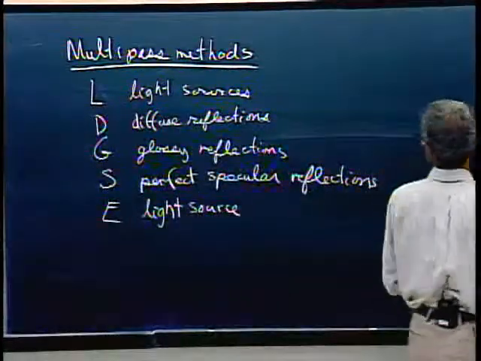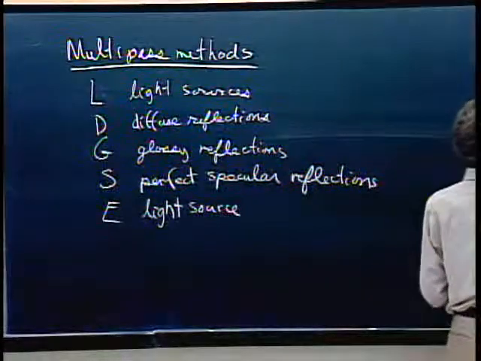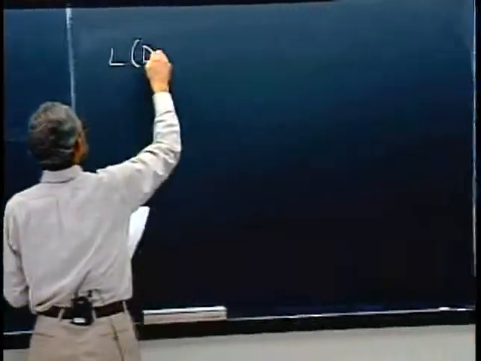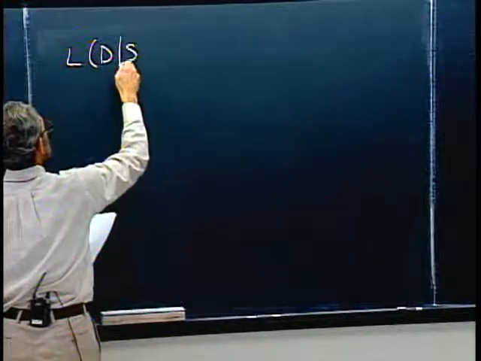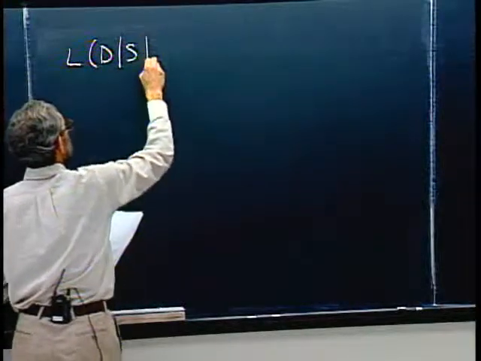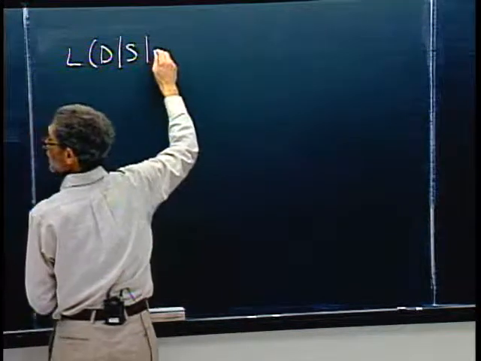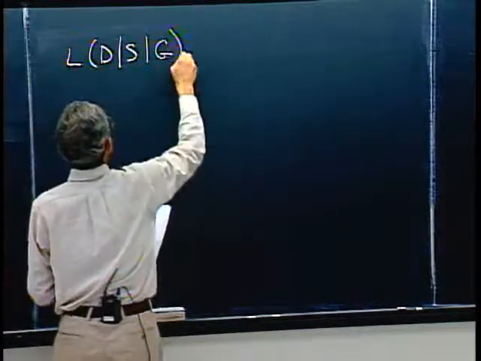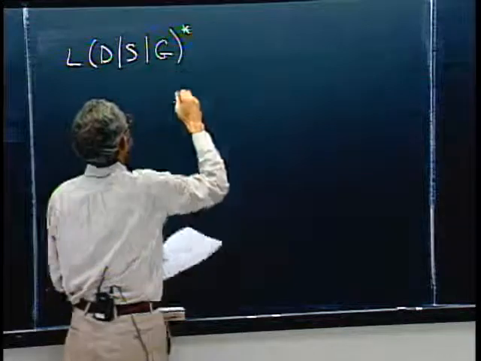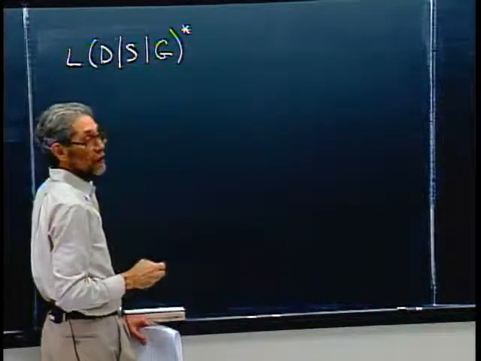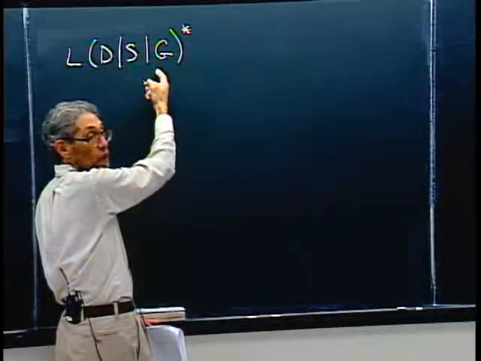Okay, and if I say something like L and then I put a D or S, this is like a vertical bar like the or sign in C, or G, and then I put a star, which means any number of a choice of one of these.